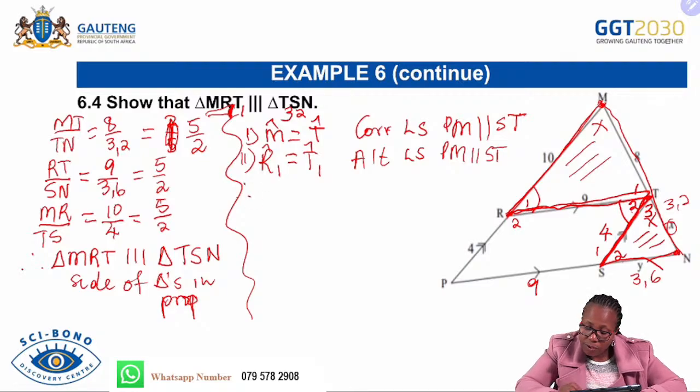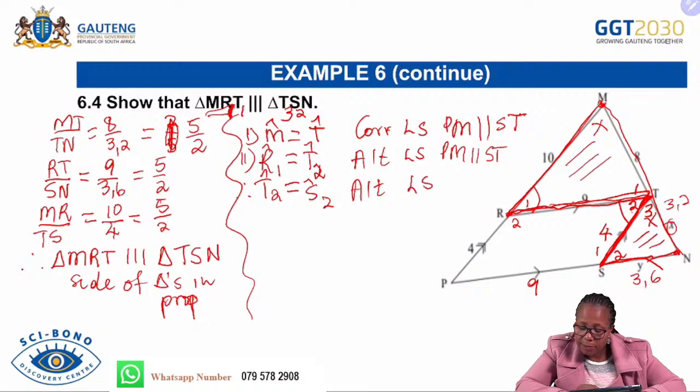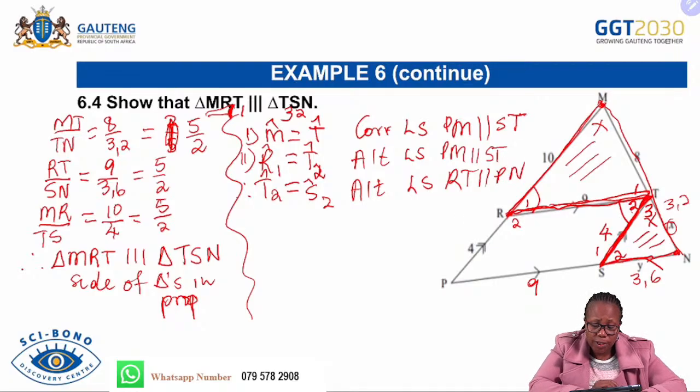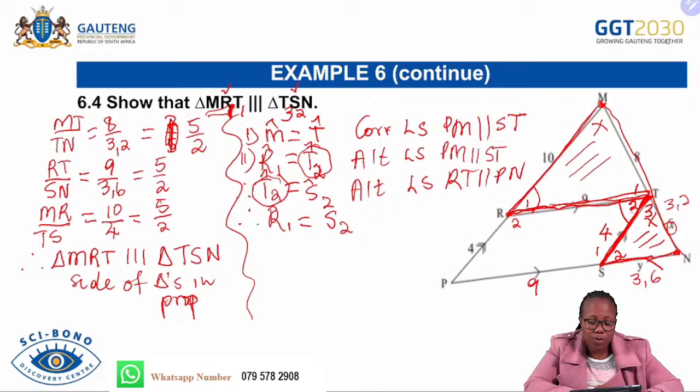Therefore, T2 will also be equal to S2. Angle T2 is equal to angle S2. Look at that, they are also alternating, angles between which parallel lines now? RT parallel to PN. Since these angles are both equal to T2, we can conclude that angle R1 is equal to angle S2.